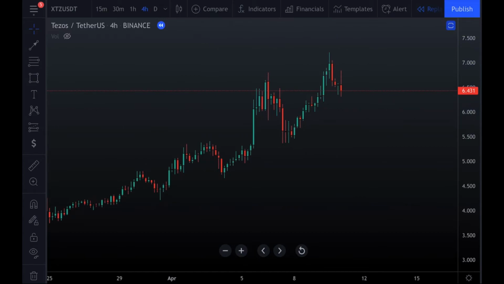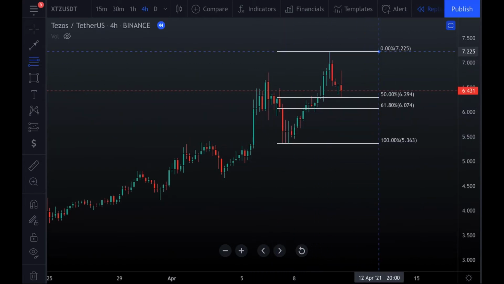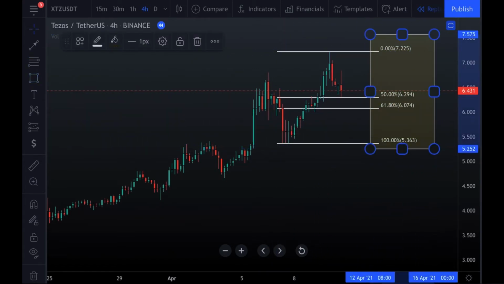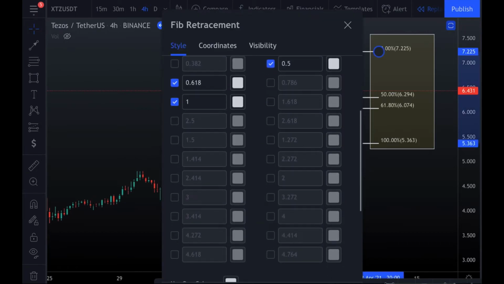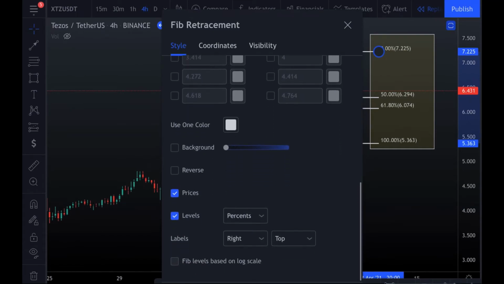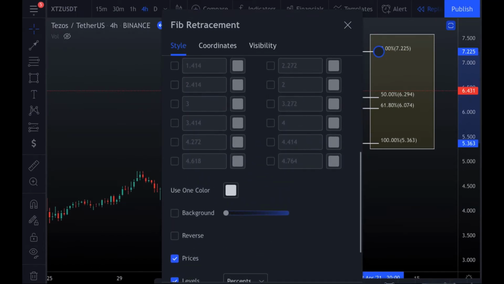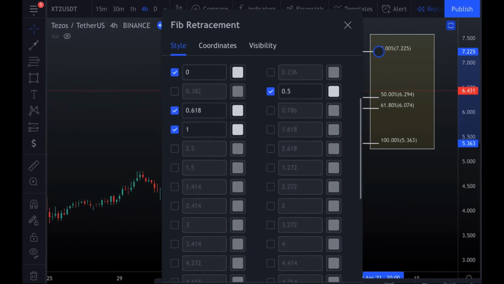So, you grab your Fibonacci tool, and then go from the swing low up to the swing high. Then you'll see here on the right side yung percentage of Fibonacci levels. Now, itong Fibonacci ko is customized, so this is what my settings look like.